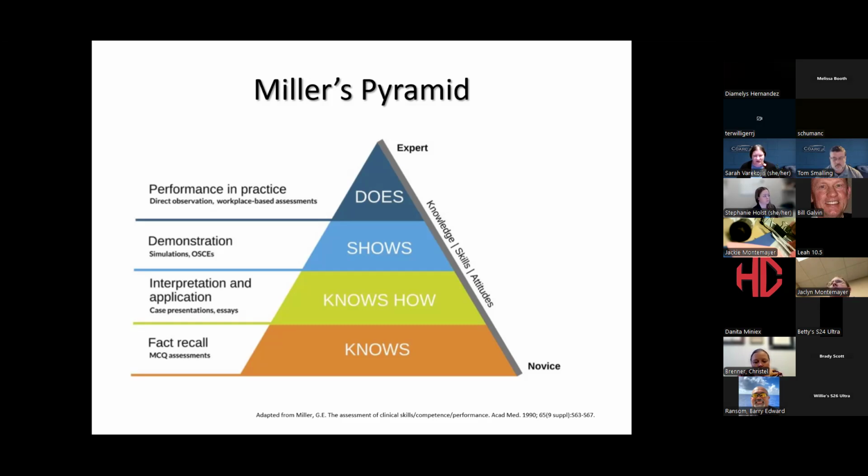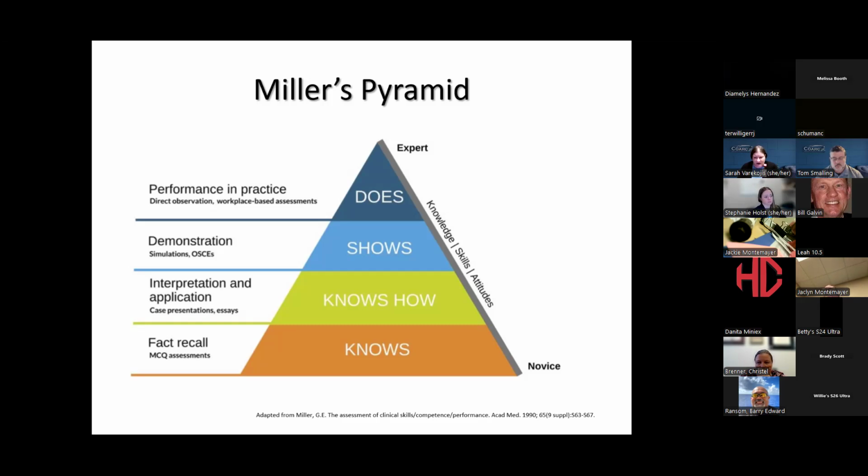So again, can interpret a case, then shows, so demonstration and simulation or an OSCE, and then does. And this is where you would have performance in practice with direct observation. If you want to use Miller's Pyramid for your mastery level, that's fine. Again, COARC doesn't specify or require how you indicate mastery for your curriculum map.